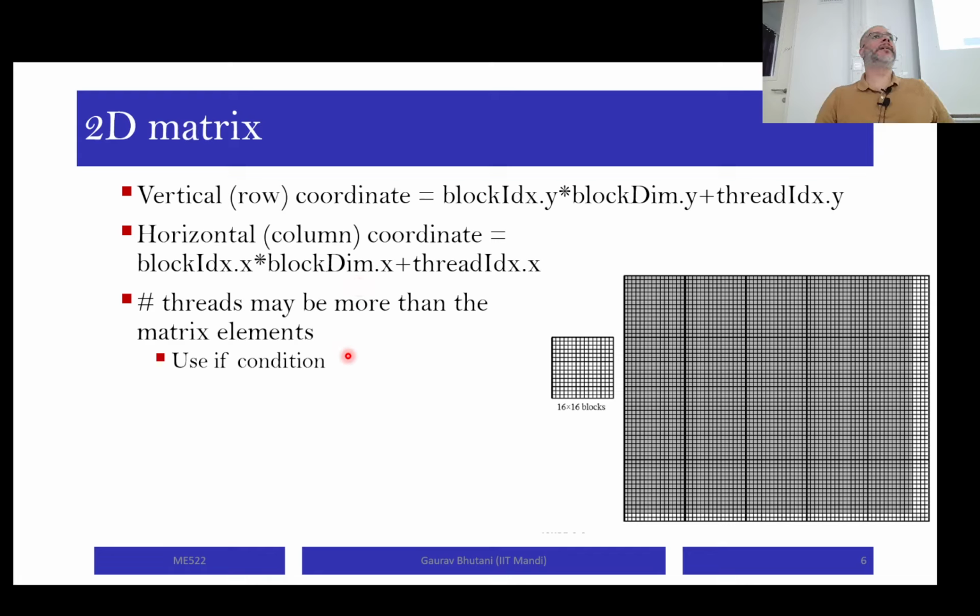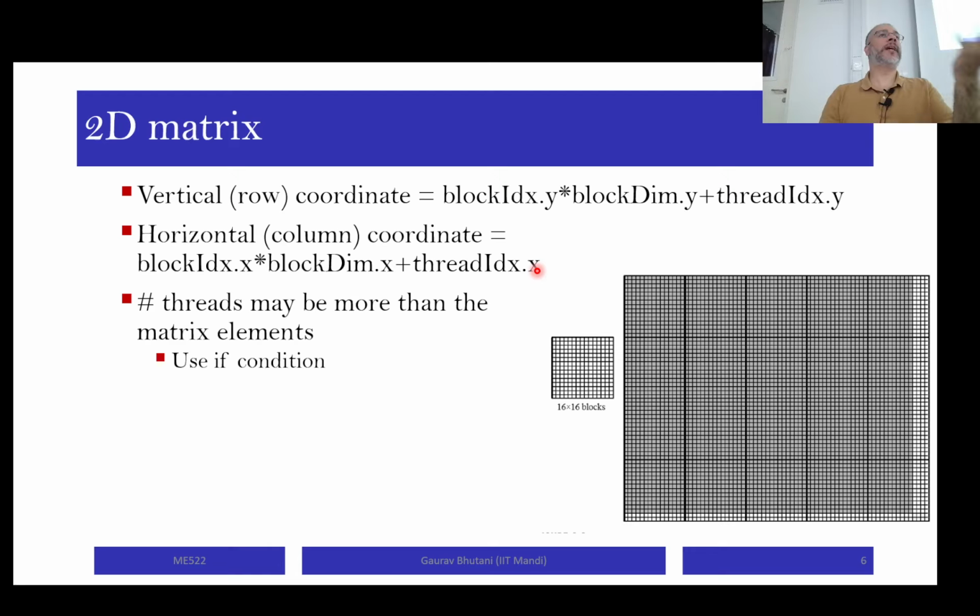As earlier when we saw the linear vector add function, your total number of threads available can be larger than the number of elements in the vector. Similarly, here it can happen that your actual matrix size is such that the number of rows and columns is less than the number of threads available in the block grid system.